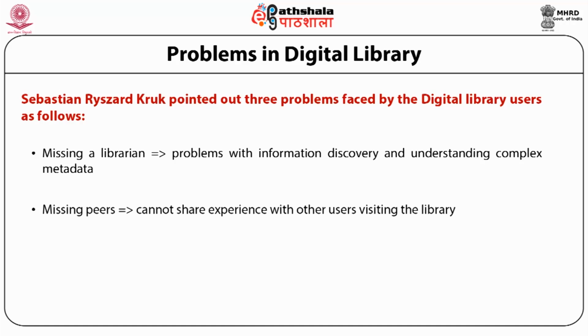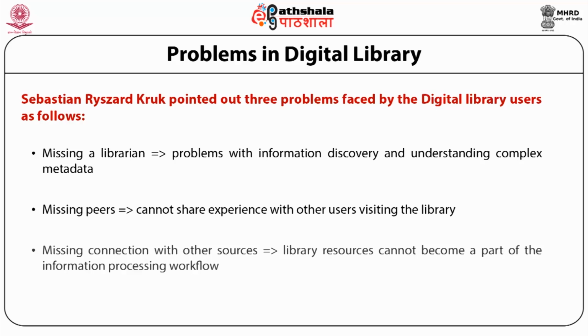They are missing peers, that is, they cannot share experience with other users visiting the library, and missing connection with other sources. Library resources cannot become a part of the information process workflow. So semantic digital library provides the option to make digital libraries more useful in today's interlinked web by making the unstructured data machine readable.